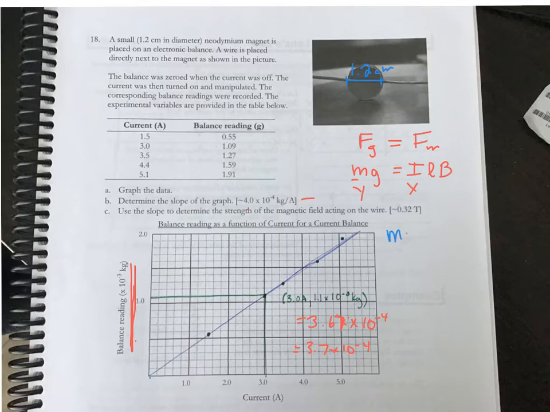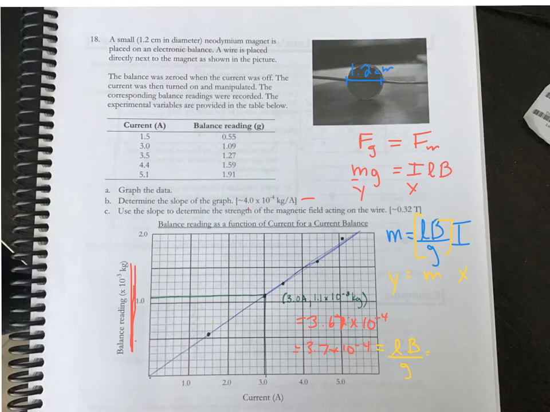So I have mass is equal to L times B divided by g, times I. So in slope-intercept form now, here is my y, here is my x, and then this whole term is my slope. So this 3.7 times 10 to the negative 4 is equal to LB over g, what my slope actually represents.